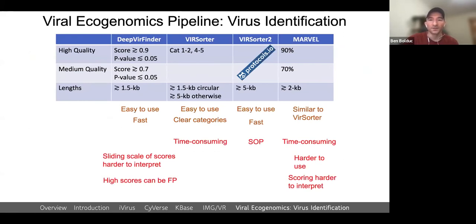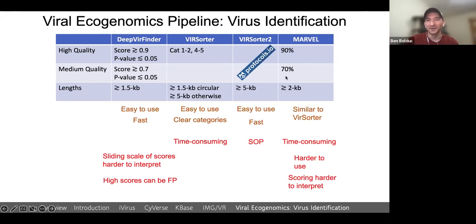So if you're looking at quality, just take a screenshot of this. This is published on protocols as well. But each tool has its own set of what should be considered high quality, medium quality, and low quality. And it's really confusing when you're trying to run your data set on multiple different viral identification tools, and the qualities are different.